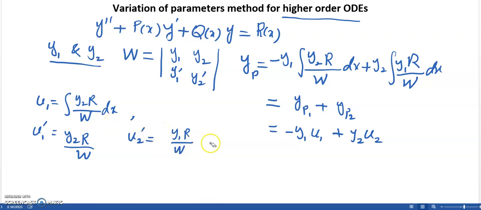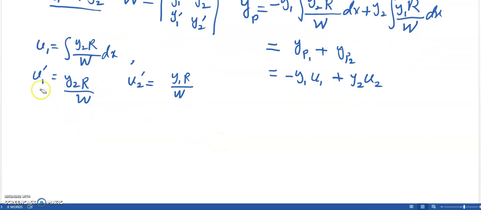In this case, y2 r can also be written in the form of a determinant: 0, r, y2, y2 prime. I can verify it like this: y2 times 0, and then minus r y2.